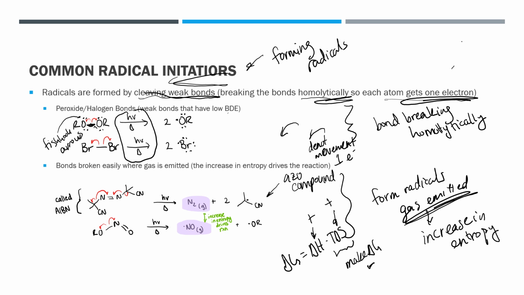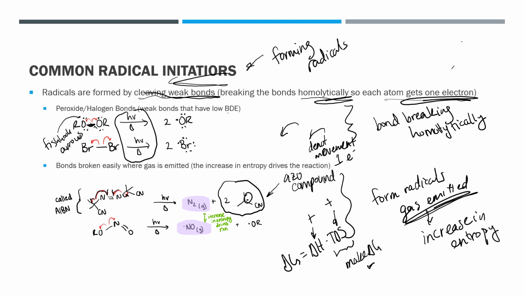And you can see with the arrows I've drawn, it forms nitrogen gas and two radicals, where these are the radicals. Pretty clearly, I'm taking one electron from each of these bonds and making a triple bond in the nitrogen, and I'm taking the other electron from each bond and putting it as a lone electron, which creates the radical.